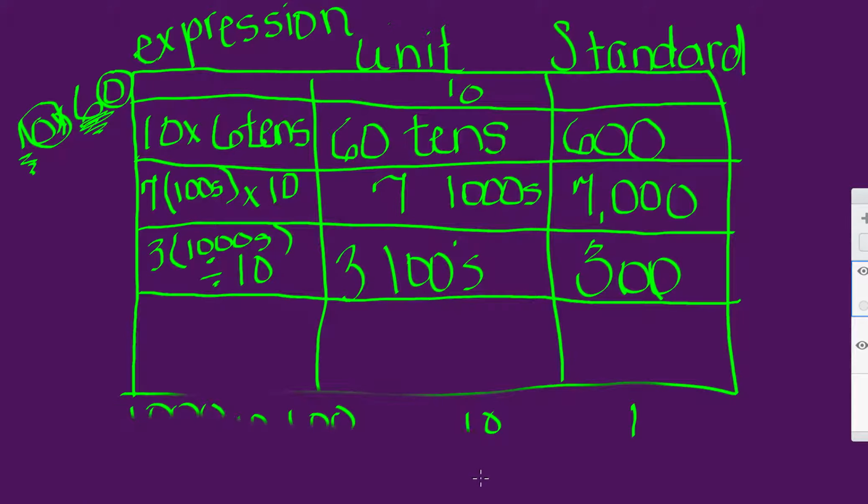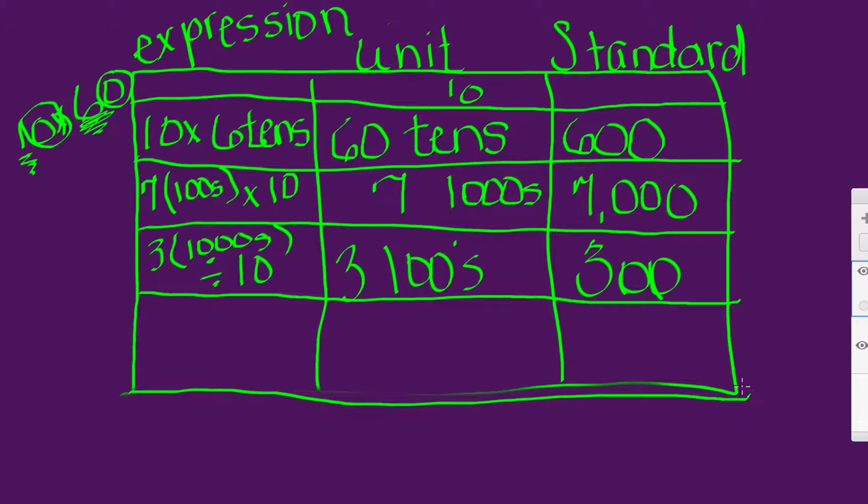So now you're basically being asked to recognize, by moving between columns using the times and divide, which direction you are moving. That's basically what they want you to tell them. The next one is 6 ten thousandths divided by 10. The divided by is telling you that it's going to get smaller, not bigger.